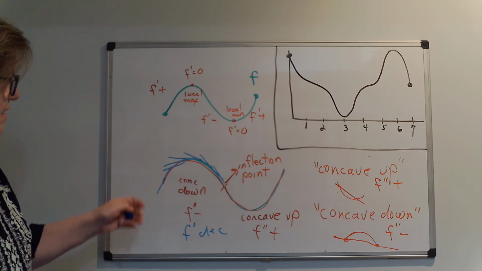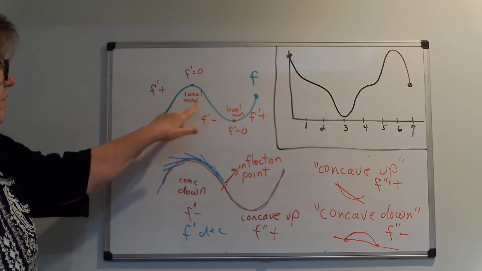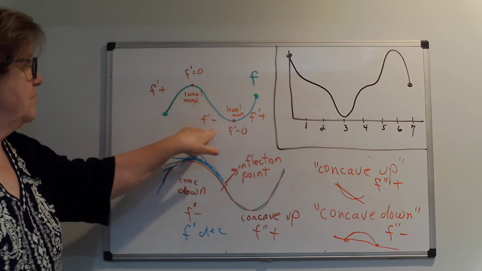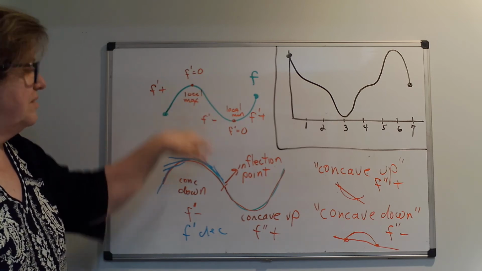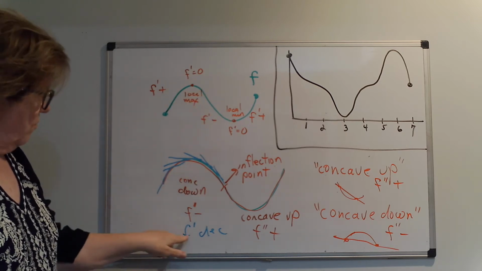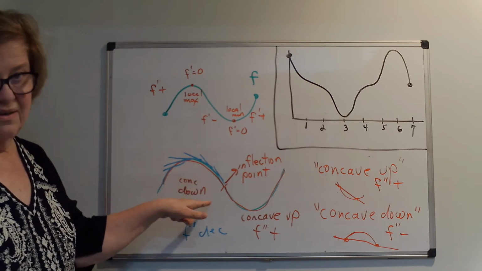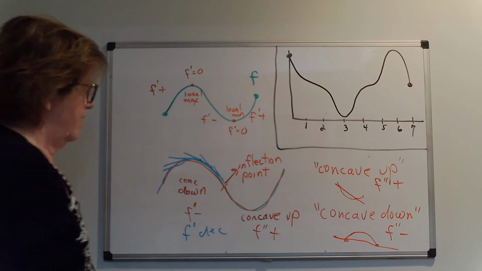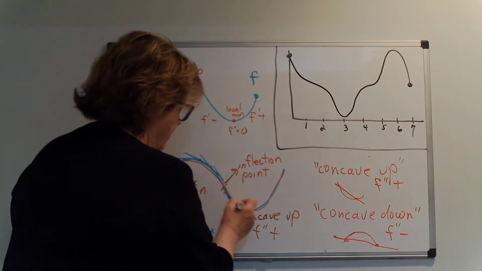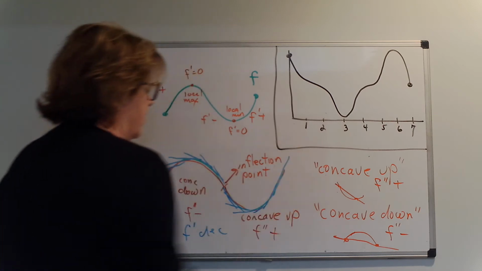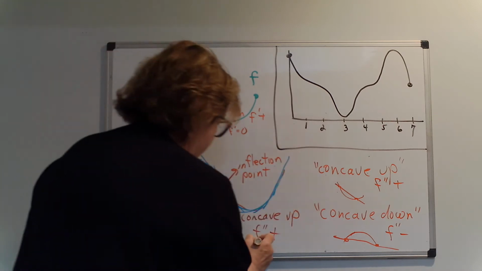So just like, remember when we looked at the derivative of this, the derivative of the function is negative where the function is decreasing. Well, where the derivative is decreasing, the second derivative is negative. If you look over this side, you can see that as you go from one side to the other, the derivative's increasing.